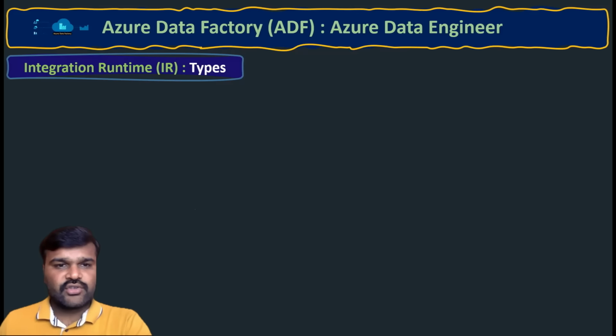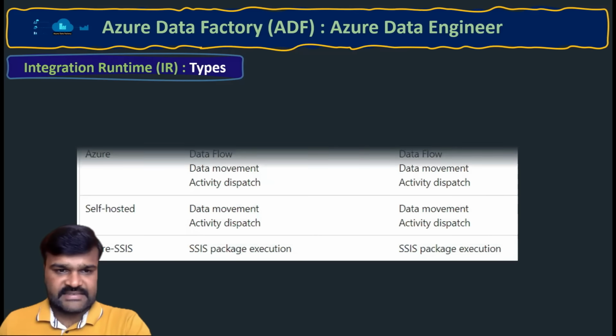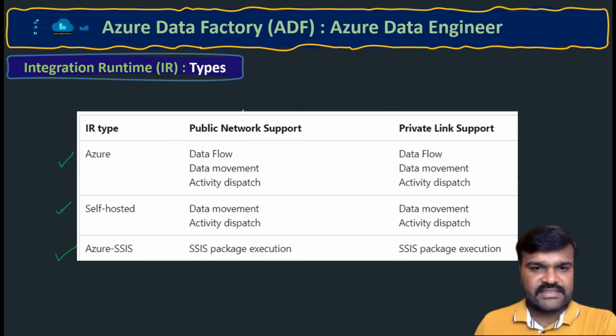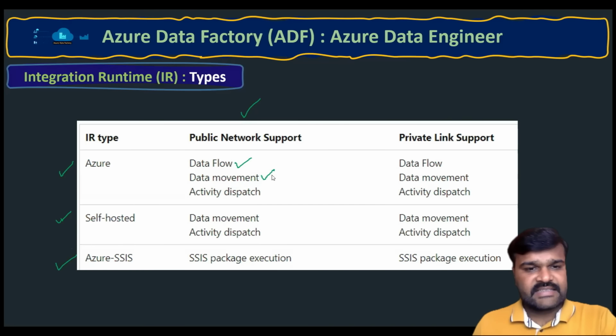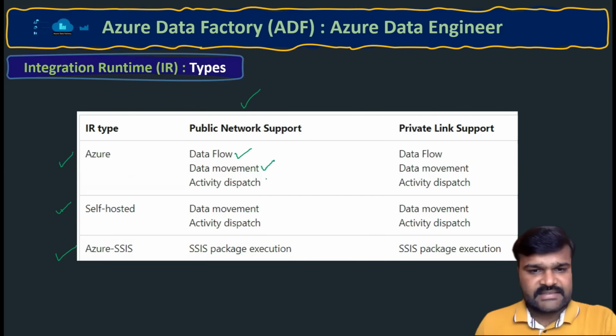Now let's see all the differences in one place. In the public network, data flow is supported, which means you can perform data transformations, and data movement, meaning you can move data from one location to another. Another thing is activity dispatching.